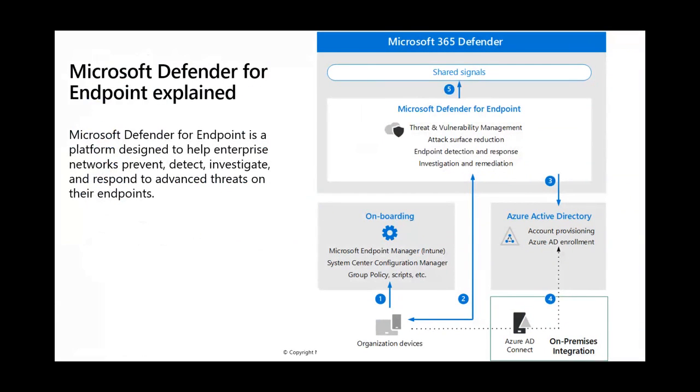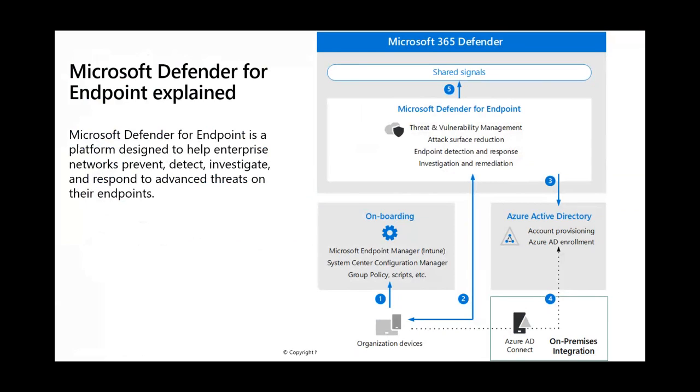Now, we're looking at a process. We can take a look at Defender for Endpoint as a process that we need to follow for the onboard devices, and that process will not happen automatically, basically.